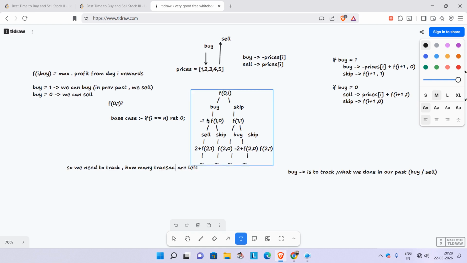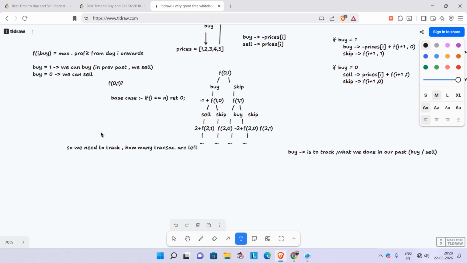So again, this is simply a continuation of Buy and Sell Stock 2. Before this question you should see my previous video, and after it you should come to this video. Now our state becomes f of i, buy, cap, where I use this third variable, cap, which is nothing but the capacity. This represents the maximum profit starting from day i.